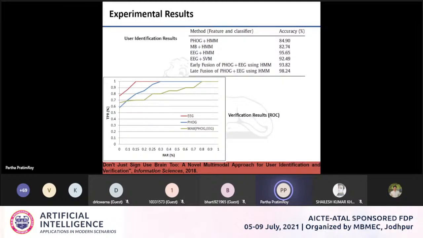But why then is it not giving 100% accuracy? Because sometimes there will be noise and we can miss some genuine person, so the accuracy will fall. When we combine EEG and image, the results will be good, 98% or something.